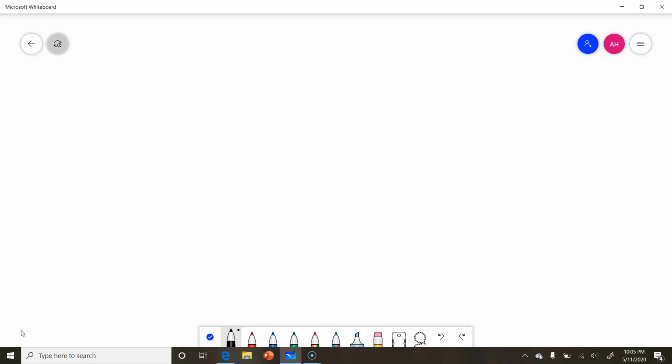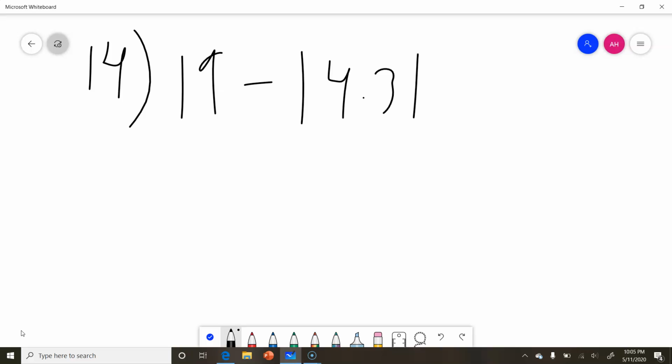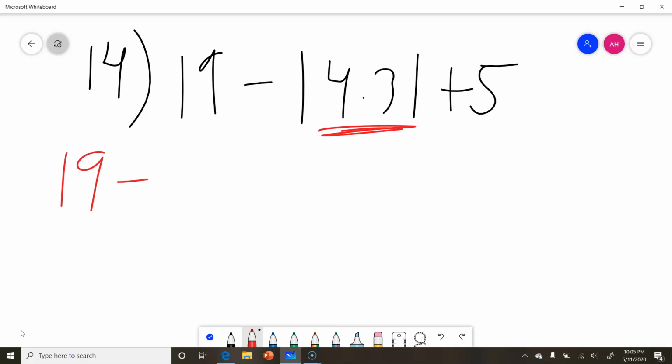Let's do one. This is number 14. So if you want your freebie, here's number 14. We have 19 minus the absolute value of 4 times 3 plus 5. Remember, I do what's in absolute value first. So the 19 and minus stay.